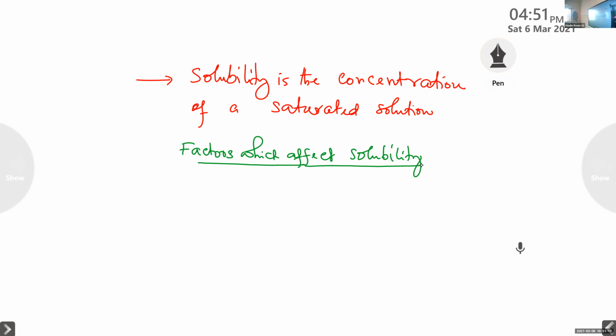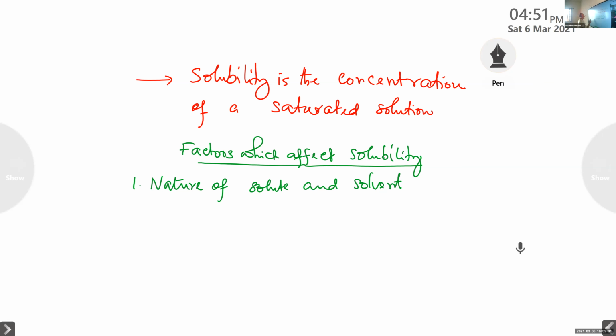As we have already seen in the previous classes, solubility depends on the nature of the solute and solvent. That is factor number one: nature of a solute and solvent.